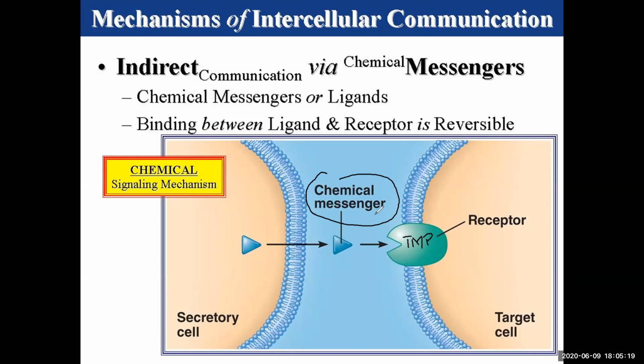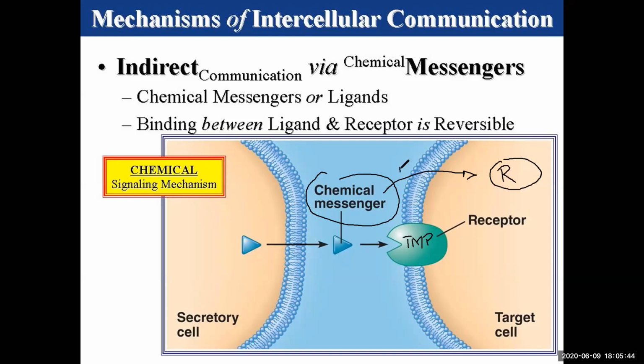This transmembrane protein is located at the plasma membrane, where it will recognize a water-soluble chemical messenger. If the chemical messenger is fat-soluble, then that chemical messenger is allowed to get straight through the cell membrane, and the receptor would be located inside the cell, right? So that receptor does not have to be at the cell membrane.